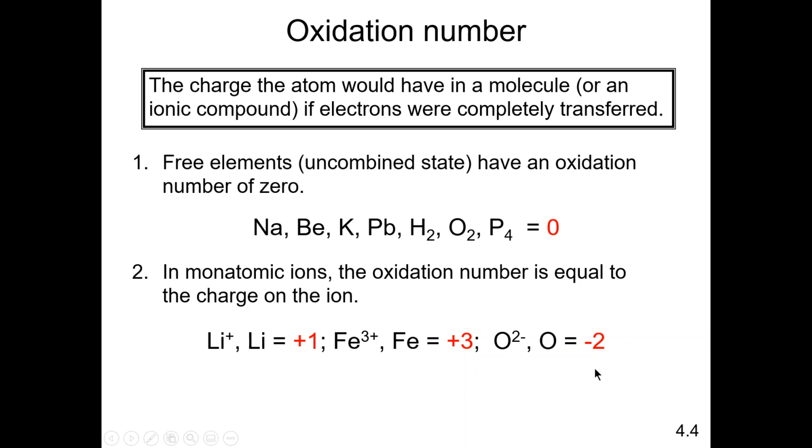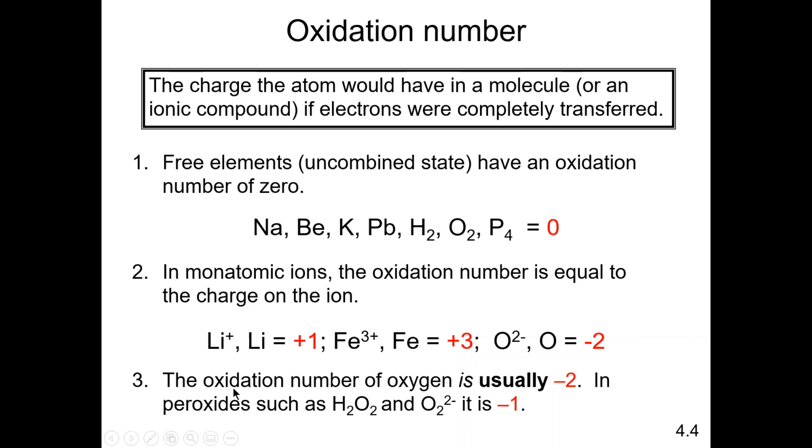Now this rule deals specifically with oxygen. The oxidation number of oxygen is usually -2. However, in peroxides, such as hydrogen peroxide or the peroxide ion, it is -1. So if it's not in a peroxide, and oxygen is combined with something else, then it's usually -2.